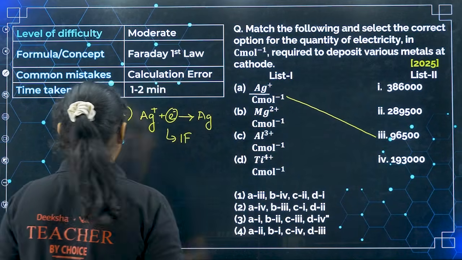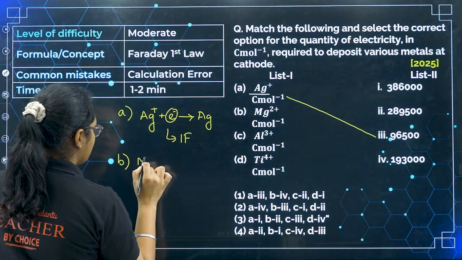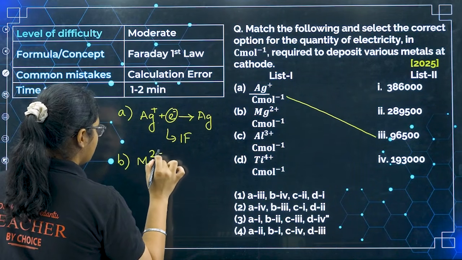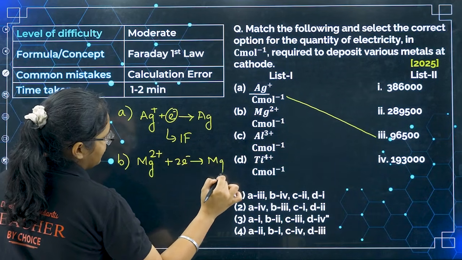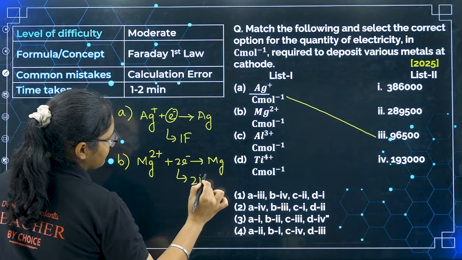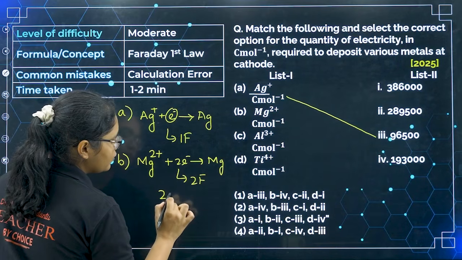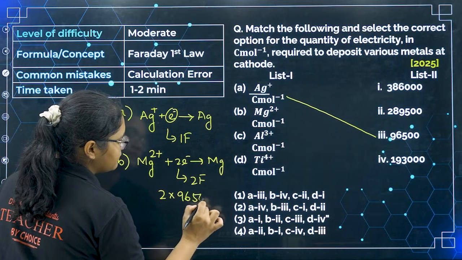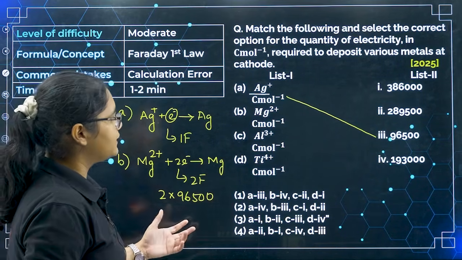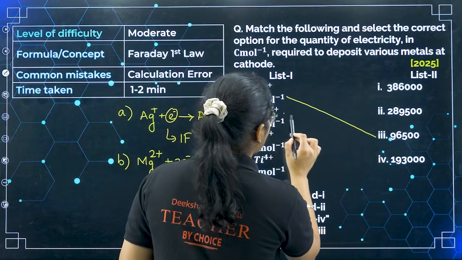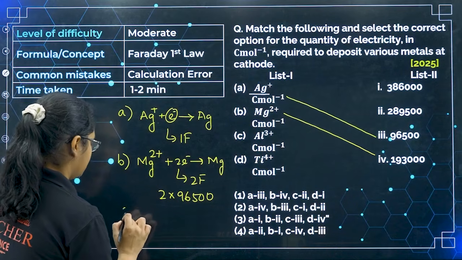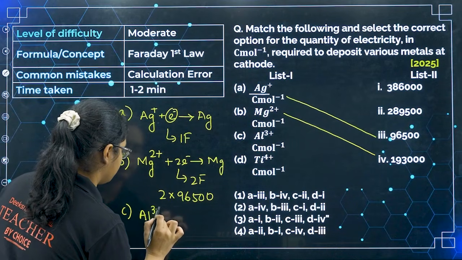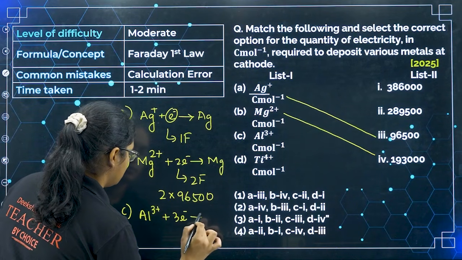Next you have Mg2 plus. For option number B, if you have 2 plus, it will require 2 electrons for Mg. That means it is 2 Faraday, right? Then how many coulombs? 2 into 96500, right? That means 1900 something will get, that is this one, right? Next, if you see aluminium 3 plus, similarly aluminium 3 plus, right?